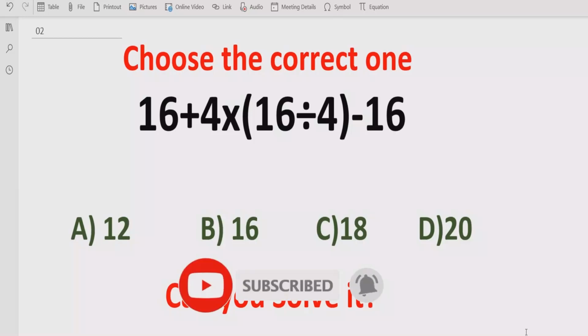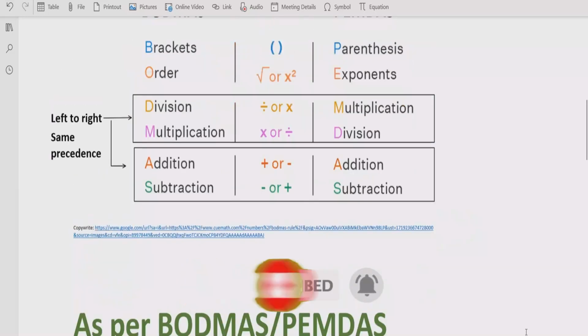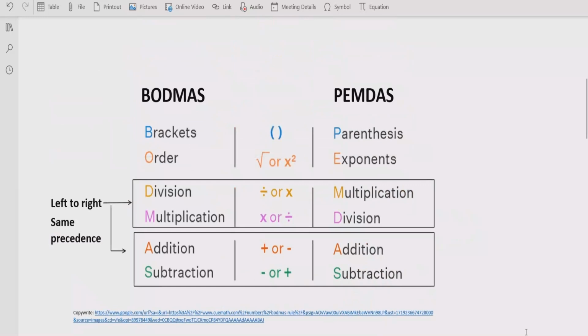Now, just recall the rules which we can apply to solve the given expression. As you can see on the screen, we will discuss two rules, BODMAS and PEMDAS. The rule says if your expression contains any bracket or parenthesis, you have to solve that part first.